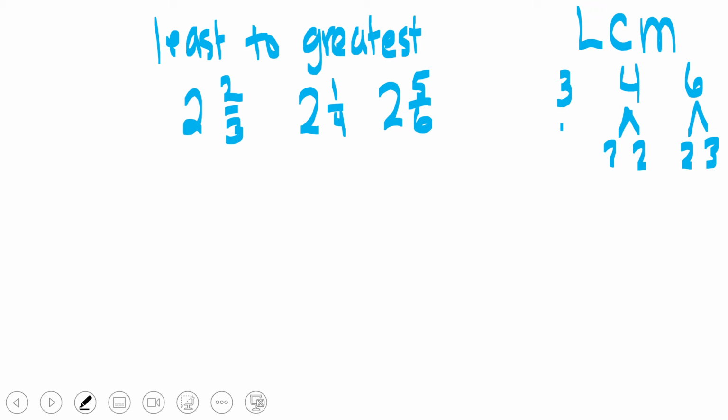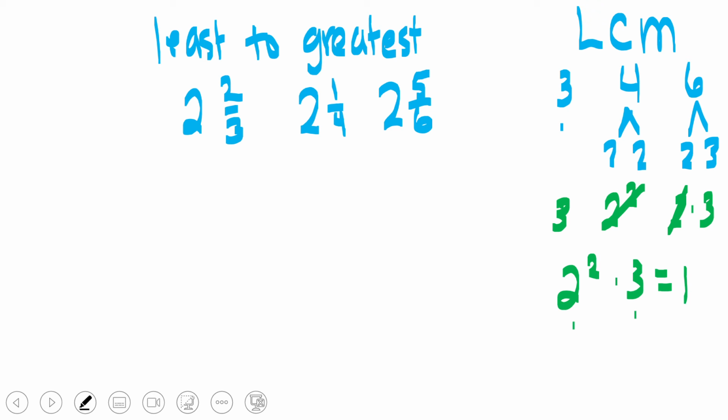So what do we have? Well, we have 2 squared here, 2, 3, and 3. 2 squared is our highest power for the 2's, and 3 to the first power is the highest power for the 3's, and that is 4 times 3 is 12.